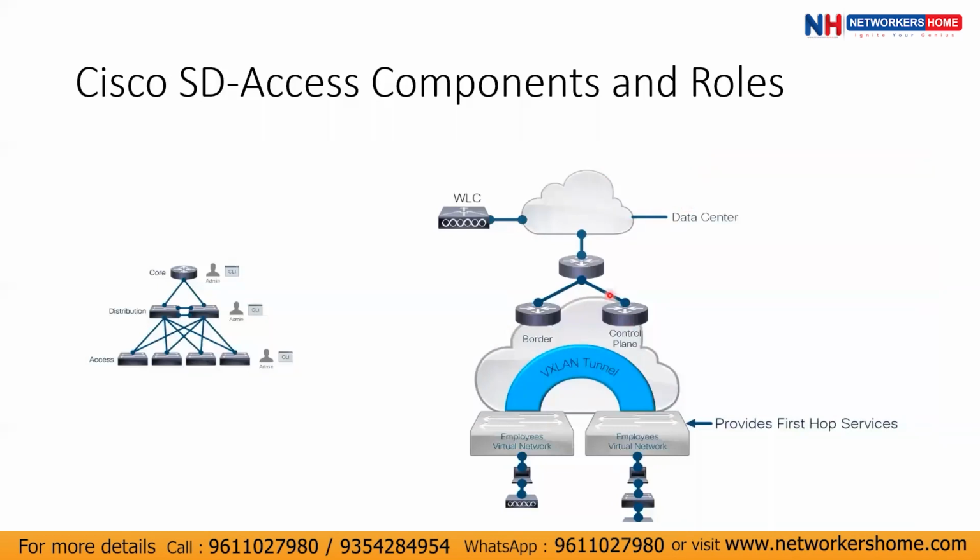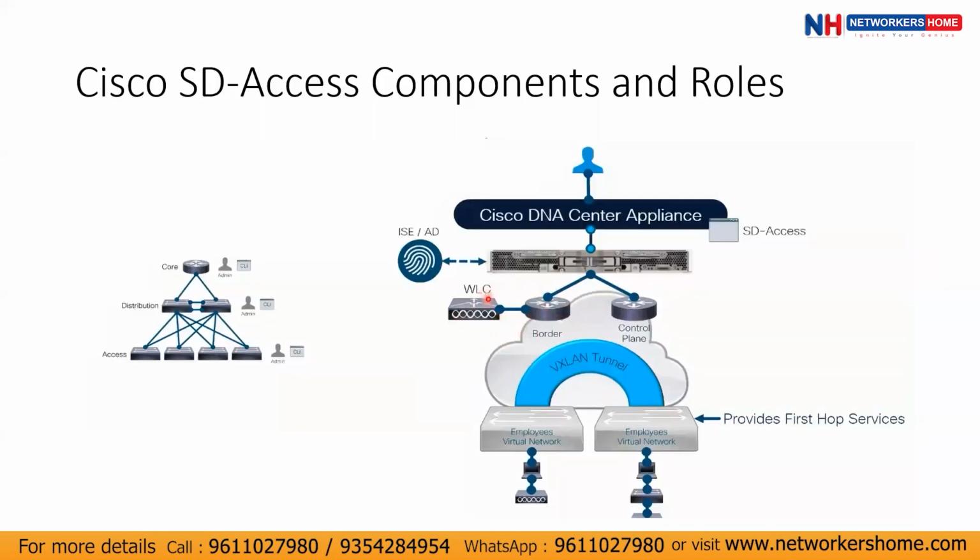Okay. So this is related to WLC now. You have the WLC, and that will be outside of Fabric. You can see the cloud, whatever is in the cloud is your Fabric. Whatever is outside is your out of Fabric device. So WLC will remain outside, and it also provides the Fabric enabled SSID.